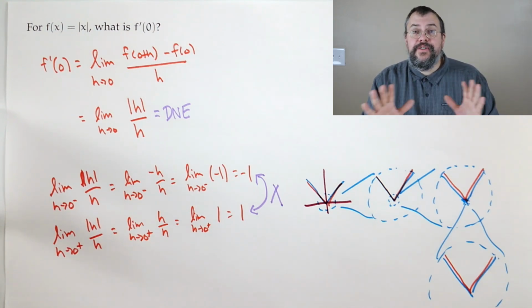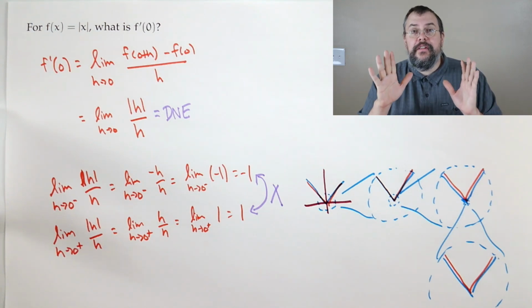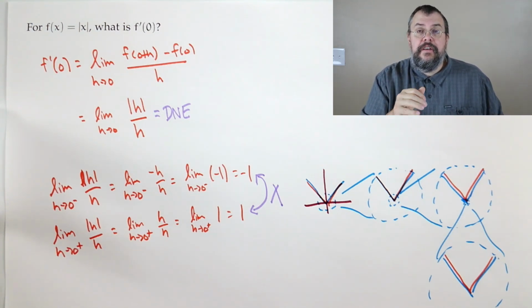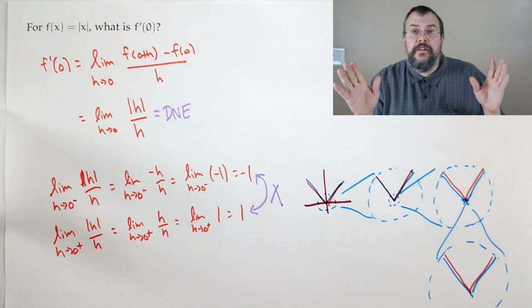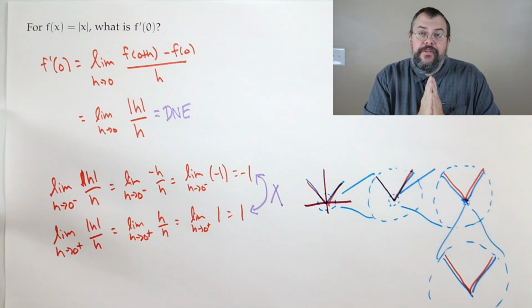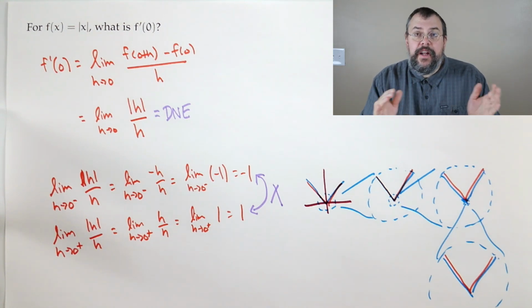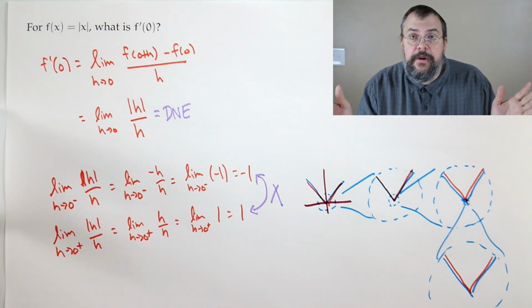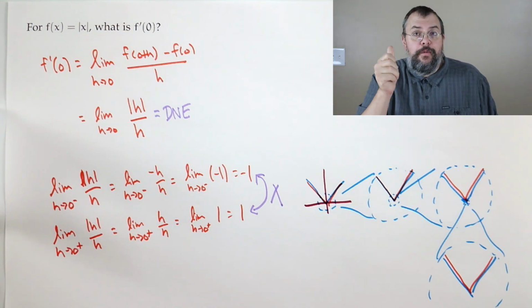And that's why we say there's no derivative, because the local behavior of the function at that point is that there's no flat line that it's mimicking. All right. So it's possible that a function may not have a derivative. Really, it's possible it might not have a derivative anywhere. But here, at least, there's one point.